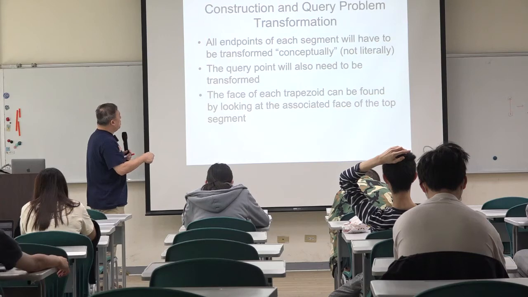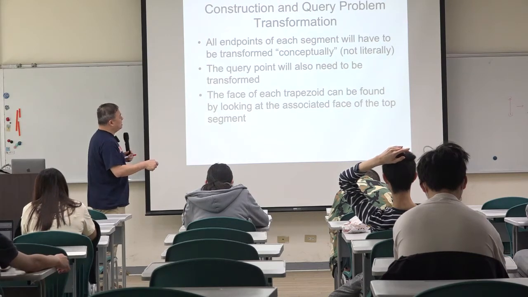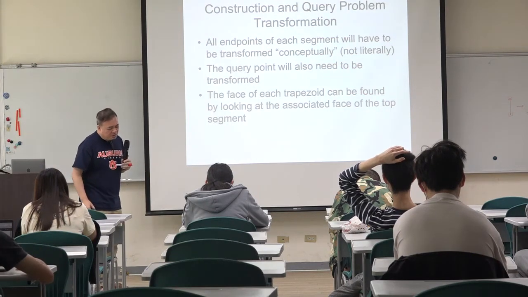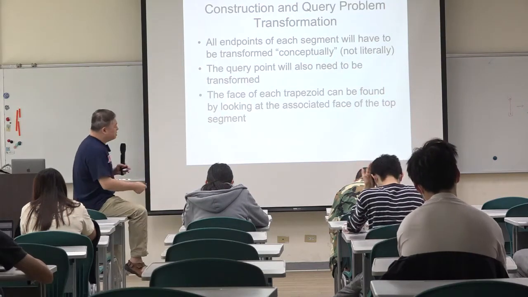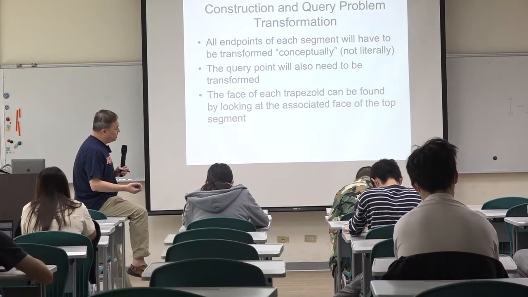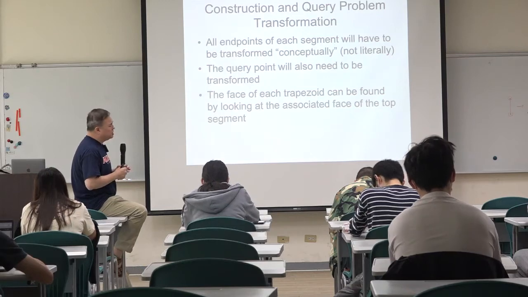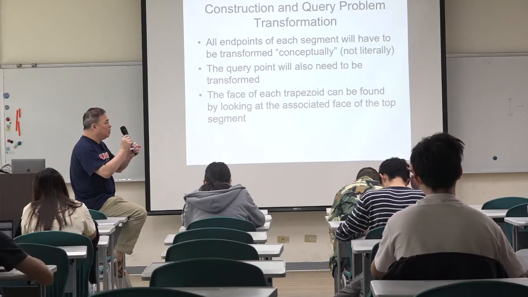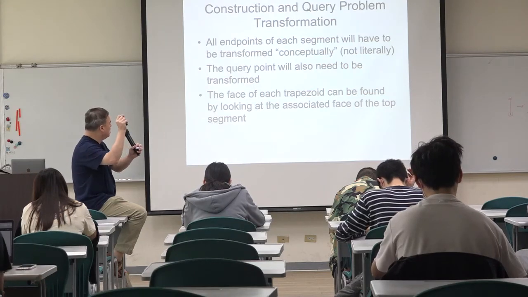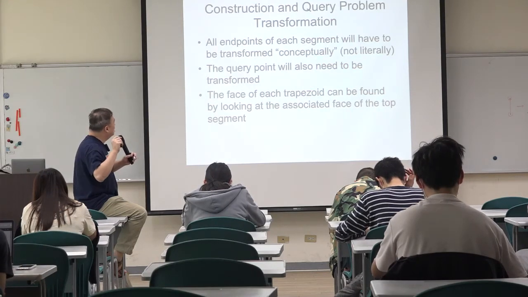As I said, all endpoints of each segment will have to be transformed only conceptually. We don't really need to transform the points. We only transform them conceptually, because we just assume there's an epsilon value to make all the endpoints' x-coordinate values different.